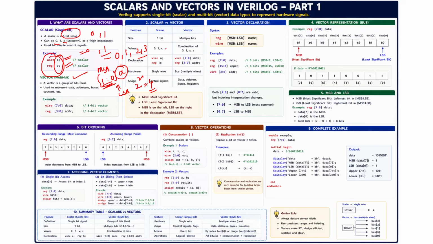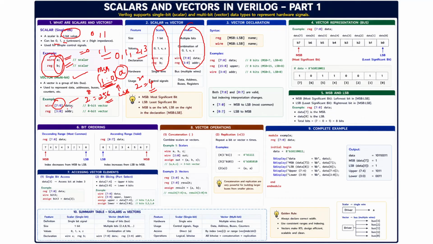So that is the wire. Scalar means a single value can be stored, and vector means multiple values can be stored. You can store addresses, data, buses and registers. All this can be stored in the reg data type. See here, the data I am using is capable of 8 bits. 8 bits means 2 power 8, up to 256 values can be stored.